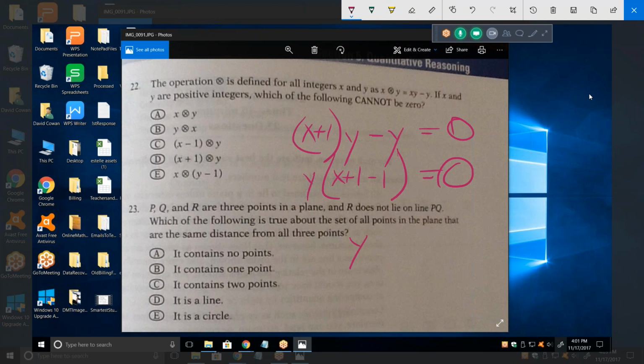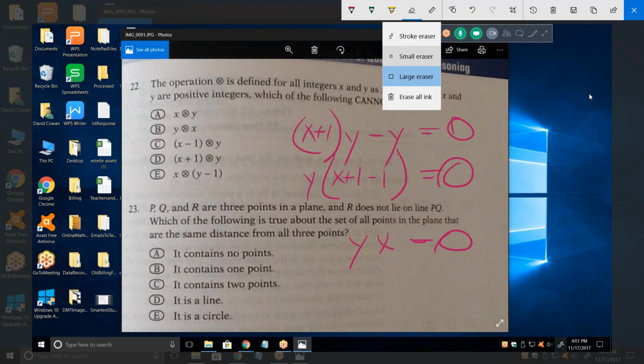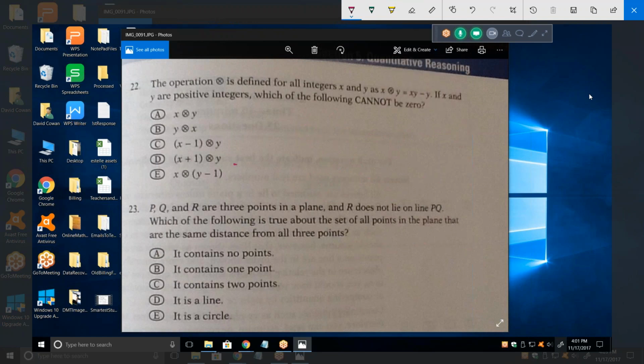Which is yx equals 0. That can be 0 if either y or x are 0. So I guess I'm done with the problem, although I'm so confused about this problem that I'm not convinced I haven't made a mistake. So I might want to just test the last one and see what's going on here.